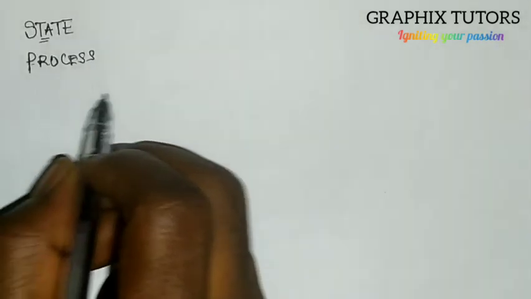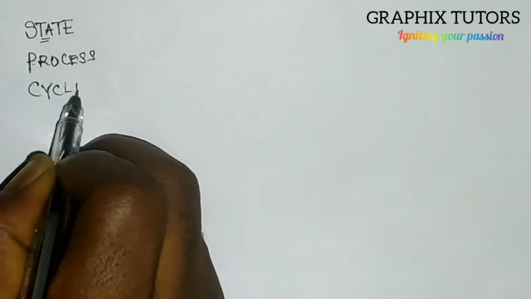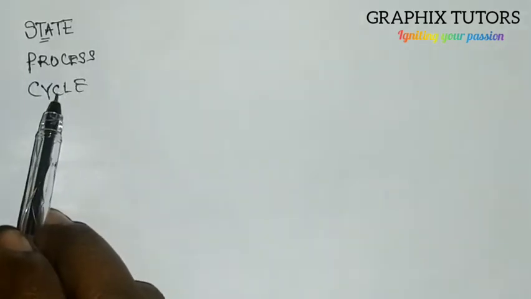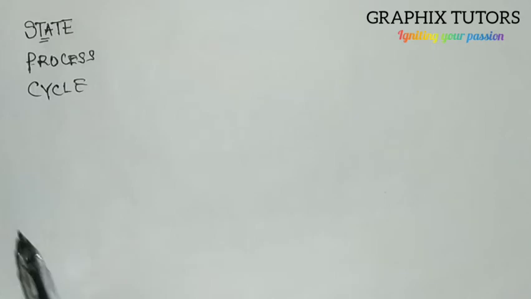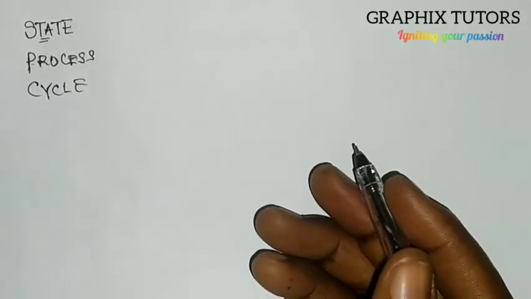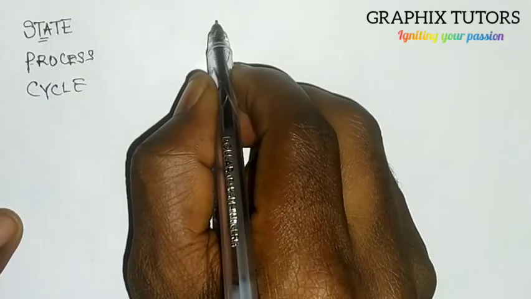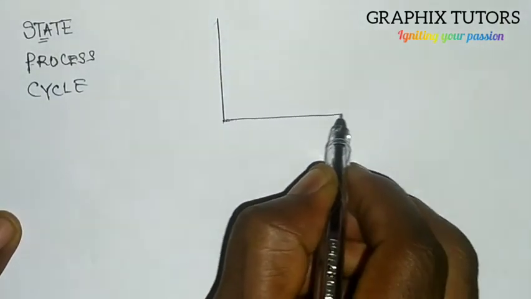Right? Another one we need to know again is what we call a cycle. We said that when a system undergoes a series of processes, it's said to undergo a cycle, such that the initial state is identical to the final state. If I'm to show you this on a table, probably I have something like this.